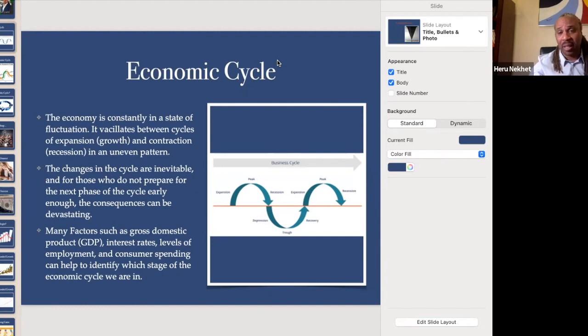It could be 1 year or even months that it's in decline, or it can be many years. And so we have to really understand that although we know there's a definite cycle and the cycle will happen, the length of each period of the cycle is not well defined and is dependent on a lot of different factors.